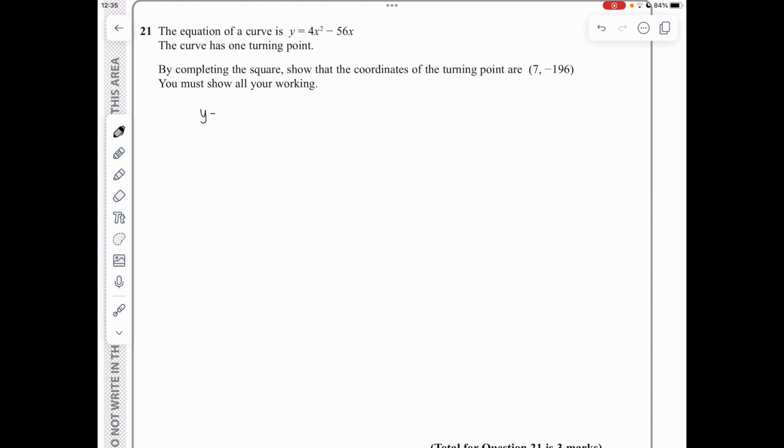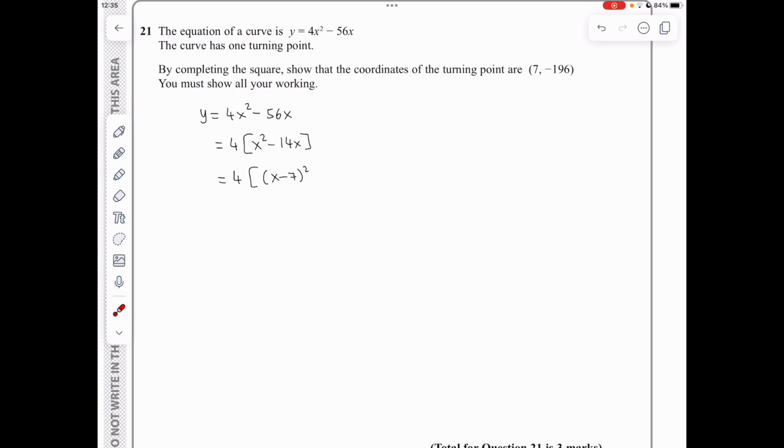So we start with y is 4x squared minus 56x. I will factor out the 4, leaving me with x squared minus 14x in the brackets, and now I will complete the square on x squared minus 14x. So it's 4 brackets x minus 7 squared.